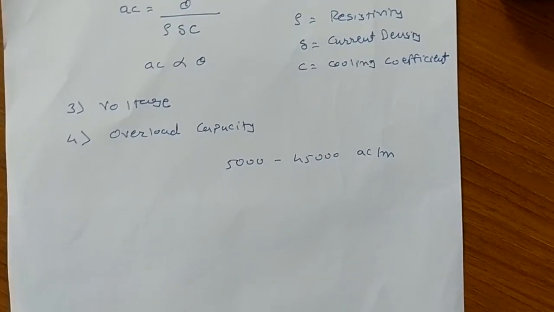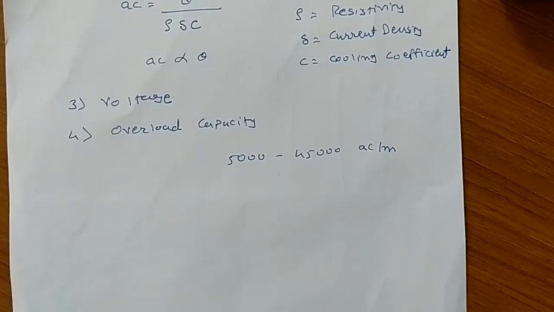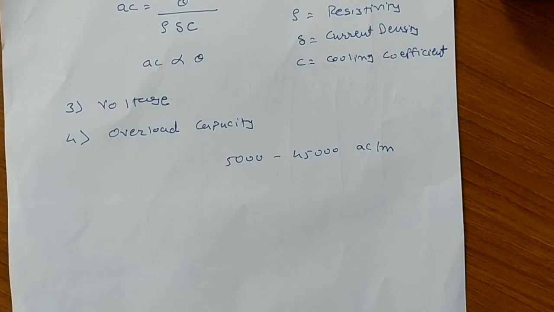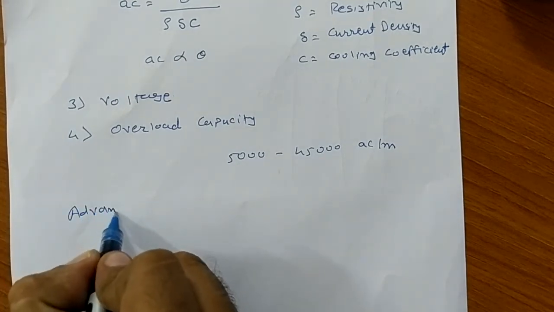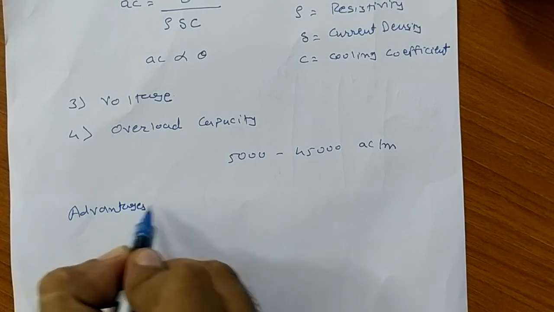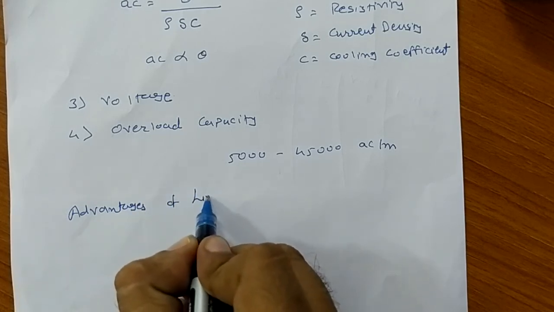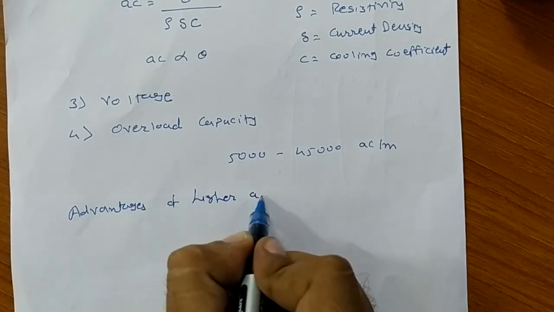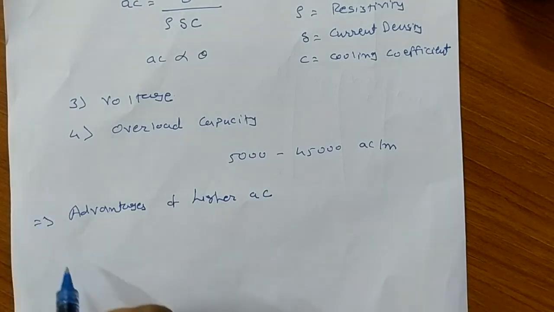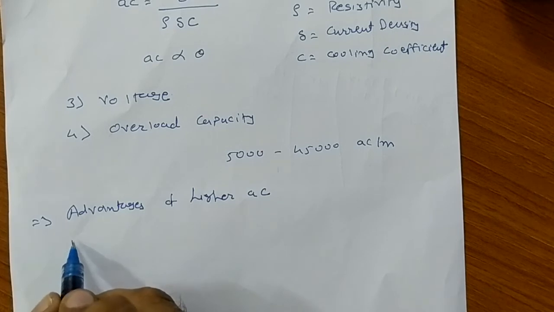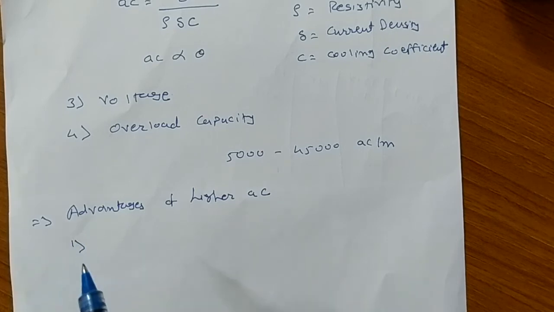Again we can discuss what are the advantages of a higher value of AC. If we take a higher value of ampere conductor, then the size of the machine will be reduced for the same output.